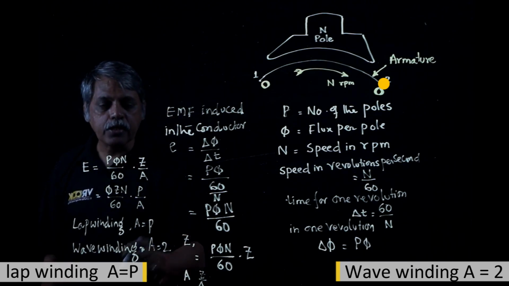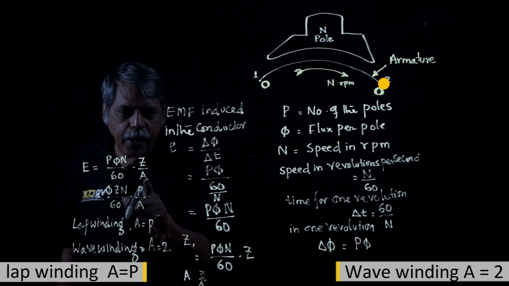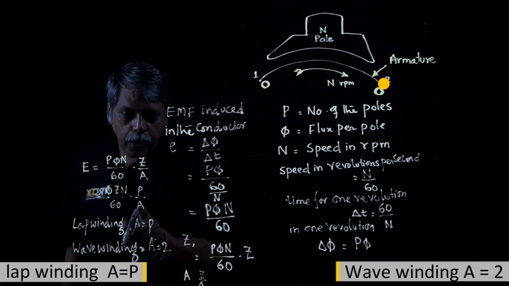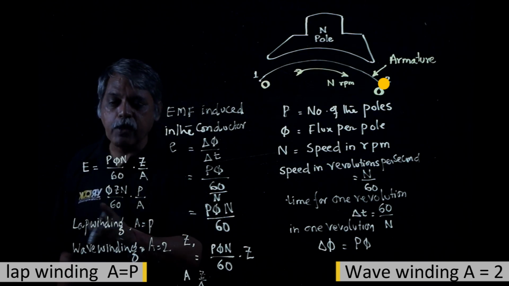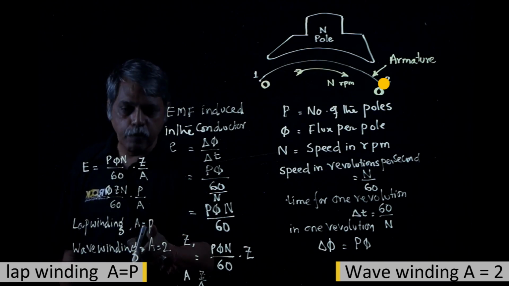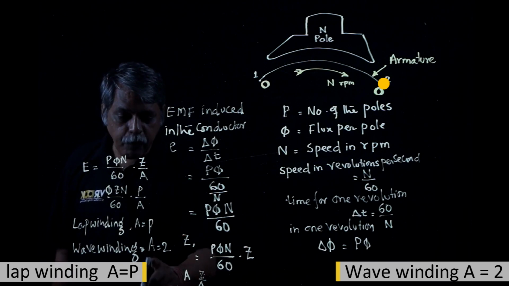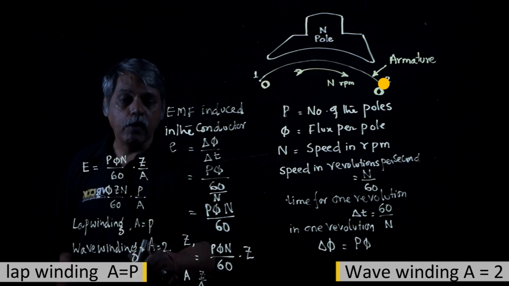Based on this, if I replace A in this equation by P, I will get the induced voltage for the lap winding. And if I replace A by 2, I will get the induced voltage for the wave winding.